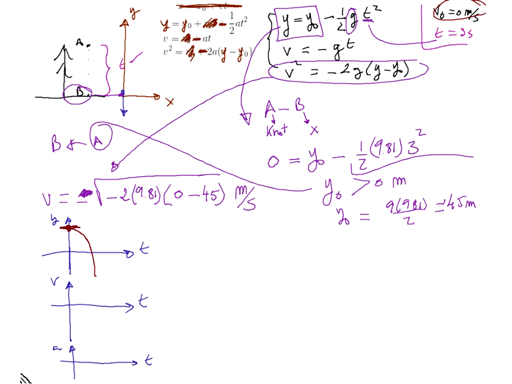Now let's go to the v versus time. What kind of function are we going to use for velocity versus time? Again, look at your equation. Is this going to be a straight line? Is it going to be a parabola? Linear. Perfect. Now the next question, once we have identified it's a line, what about the slope? Is it going to be a zero slope, positive slope, or negative slope?